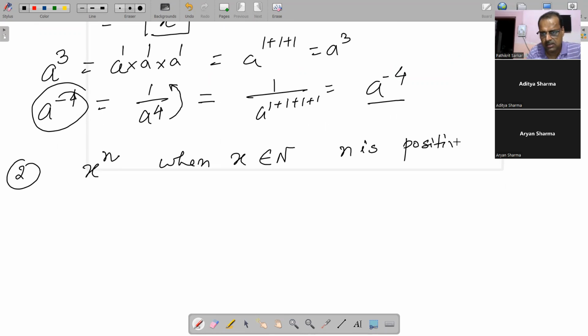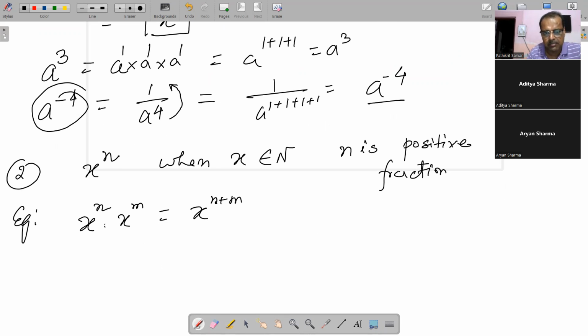If n is a positive fraction, suppose we write x to the power n into x to the power m. Whenever we write x to the power n into x to the power m, that means we write n plus m. This is the way we used to write, where m and n are fractions.